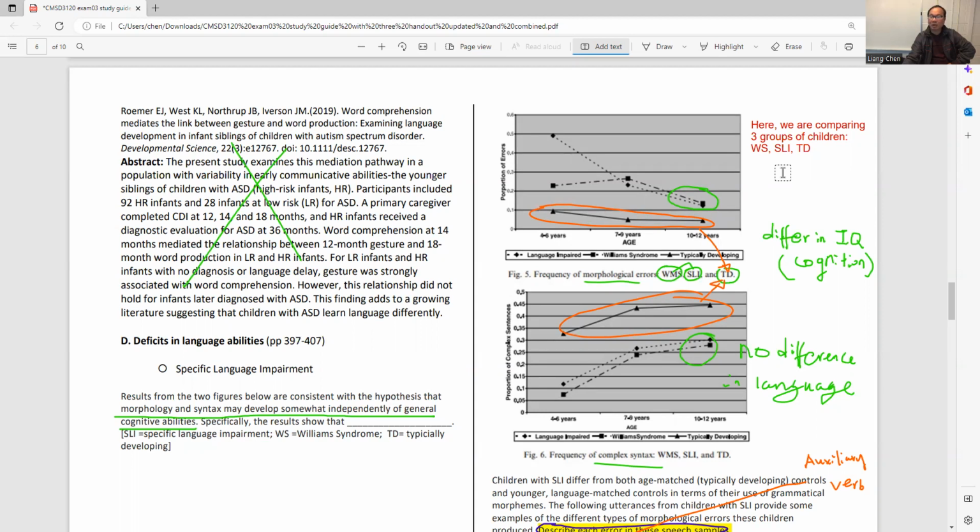But this part of the study, comparing these three groups, is interested in the relationship between language and cognition.